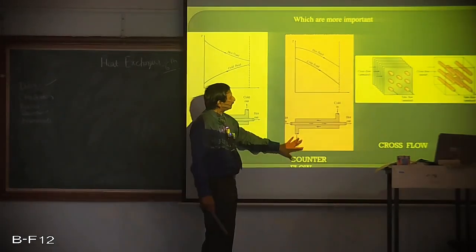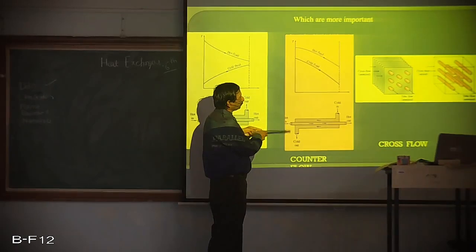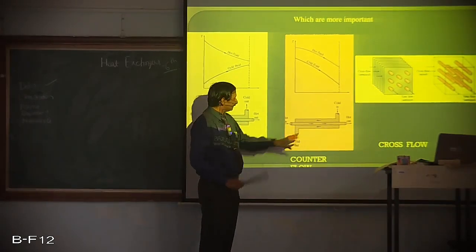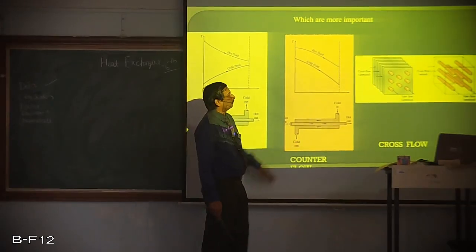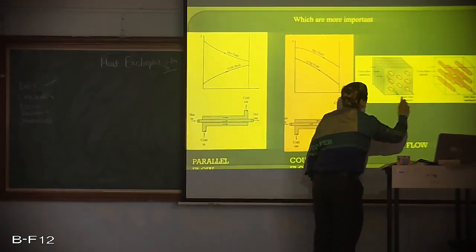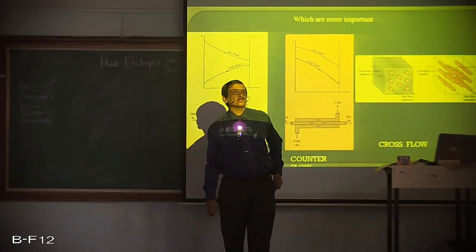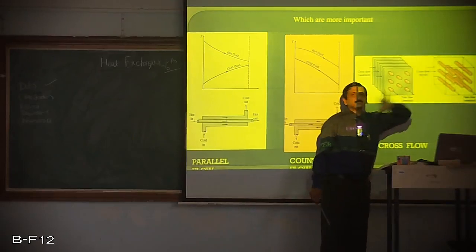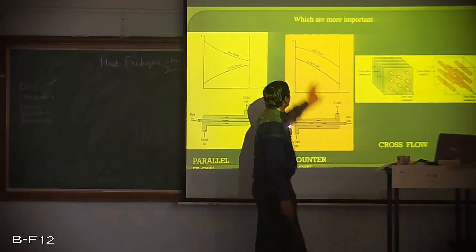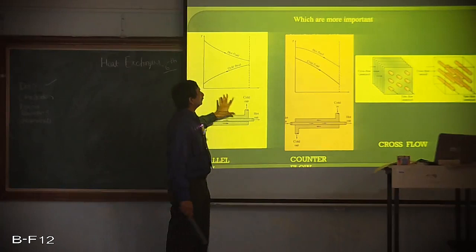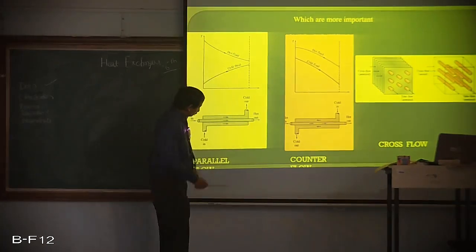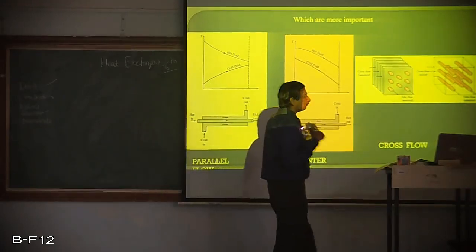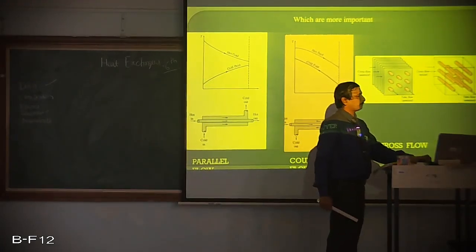In a similar way, the counter flow, where the hot fluid is going in the left to right direction and the cold fluid is in the other direction, is called a counter flow. The other two are related to cross flow, where there are either unmixed or mixed flows. So these are the common things we are using. First of all, what is most important is the flow, whether it is a parallel flow or a counter flow, which is the most important question for my analysis.